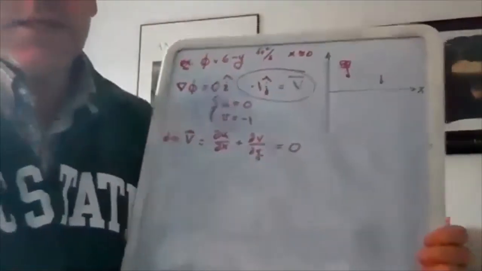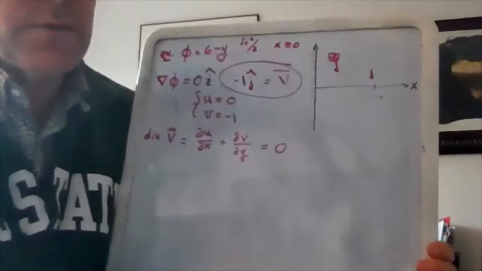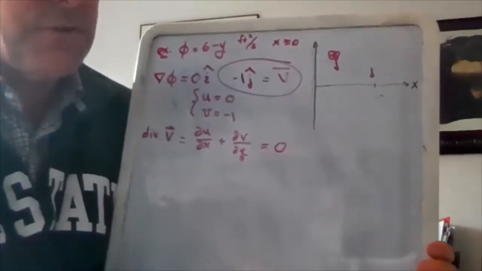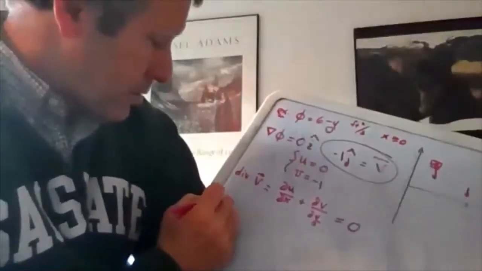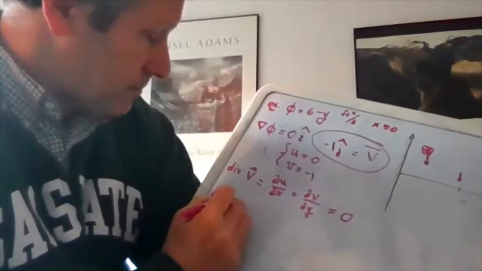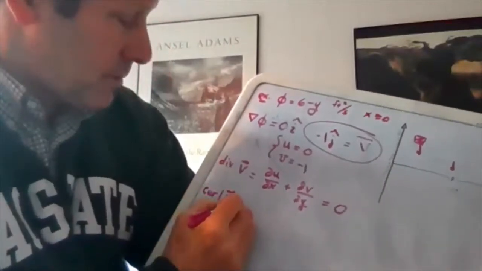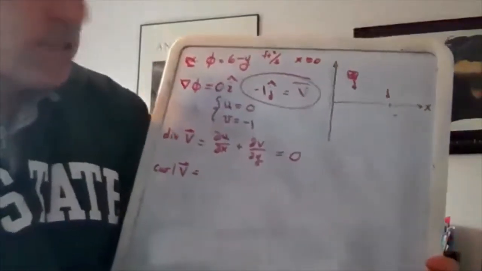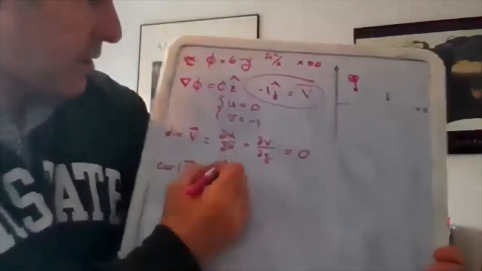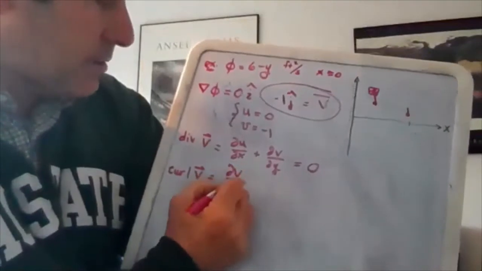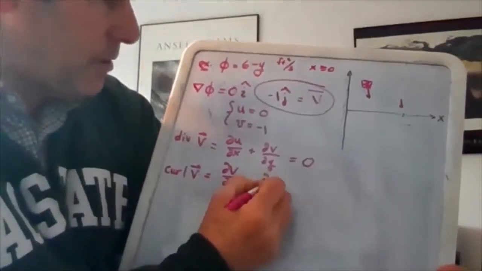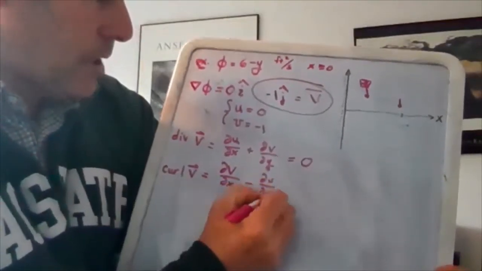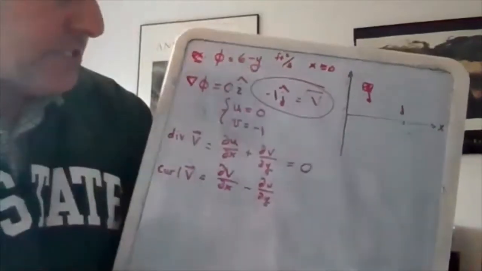All right, another thing that is going to be really, really important as we go through it is whether there is rotation, or is this flow irrotational? So we're going to do the curl of the velocity vector. And the curl of the velocity vector is, again, those cross derivatives, so it's going to be dv/dx minus du/dy, and that's going to be around the z-axis.